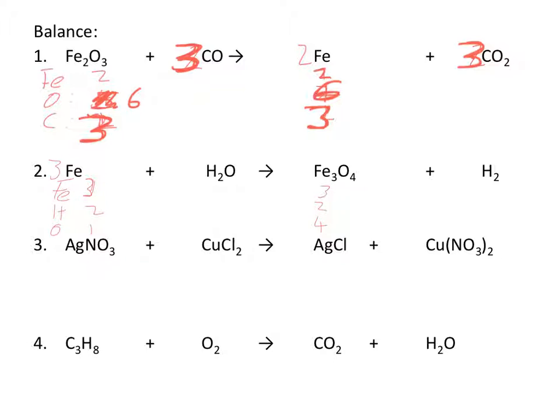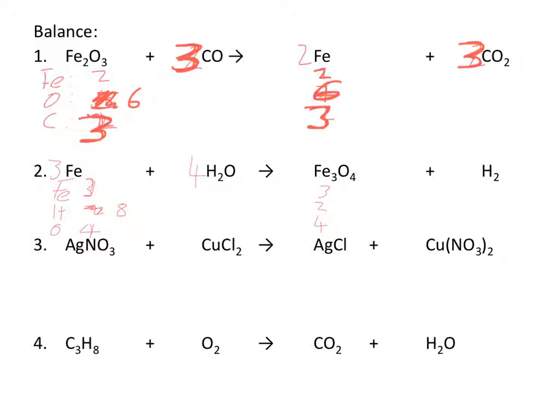So if I've got 4 over here and 1 over here, let's try putting a 4 in there. Now what that does, it means we've now got 4 oxygens. Okay, so we've got 4 lots of that. Unfortunately, we've now got 8 hydrogens. The hydrogens that were sorted before are no longer sorted. We've got 8 of those.